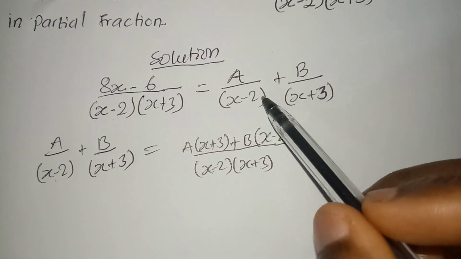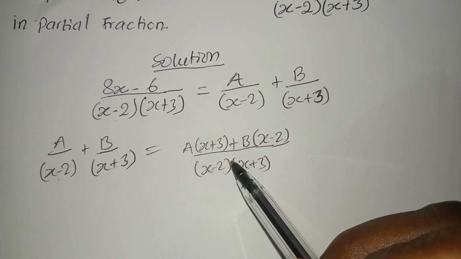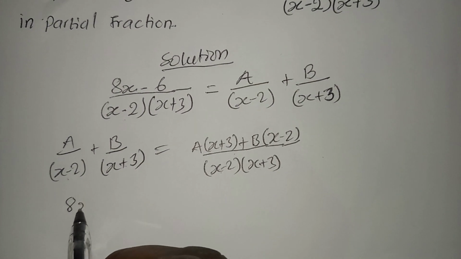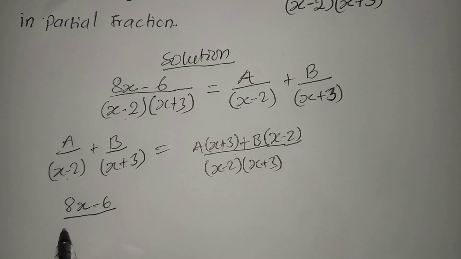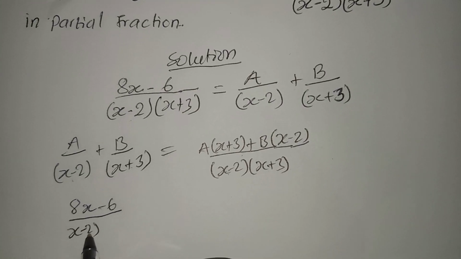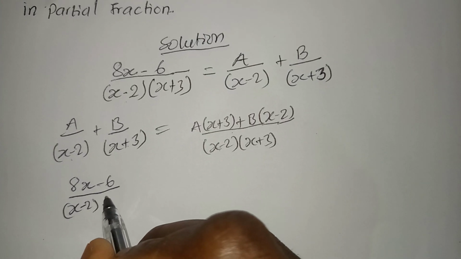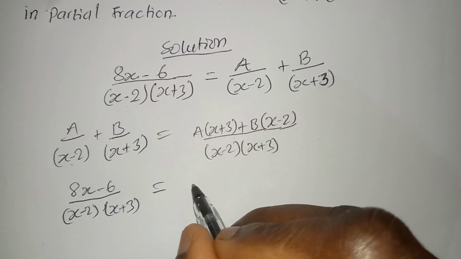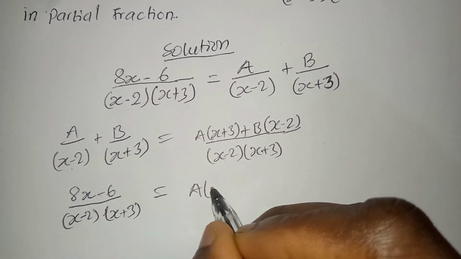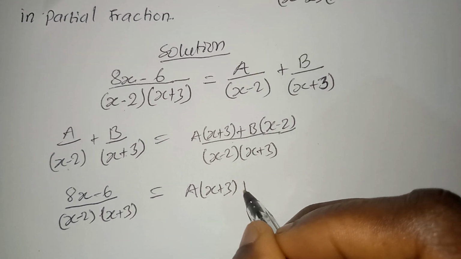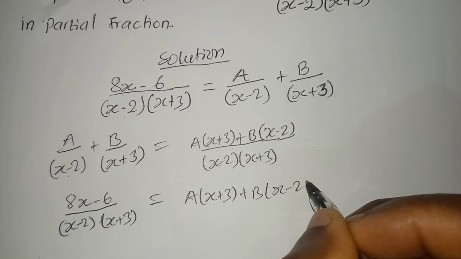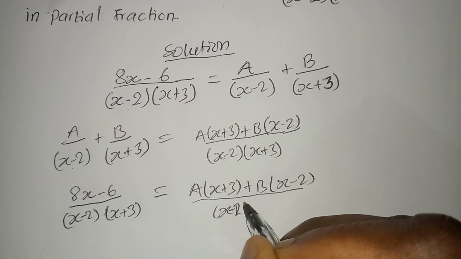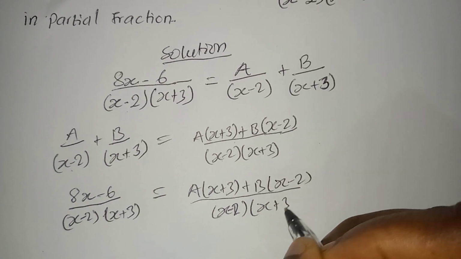So equating them, we have 8x minus 6 all over (x minus 2)(x plus 3) equated to what we have on the right hand side, which is A(x plus 3) plus B(x minus 2) all over the LCM, (x minus 2)(x plus 3).